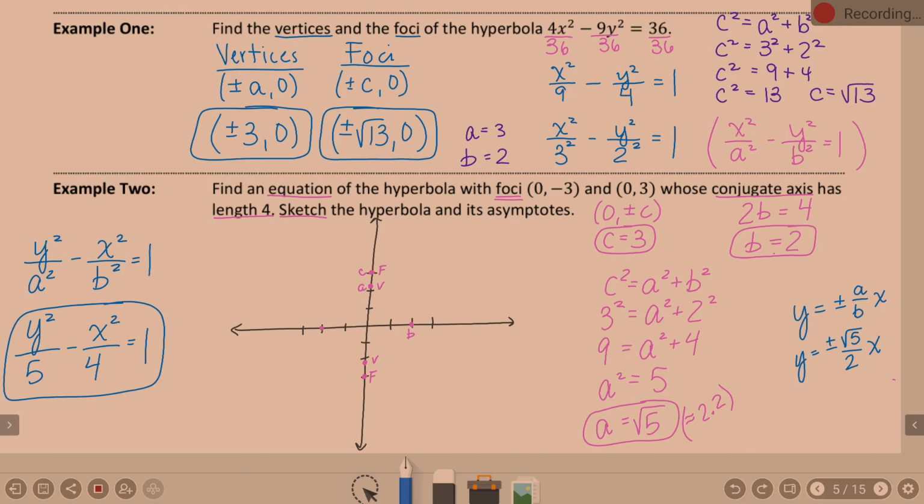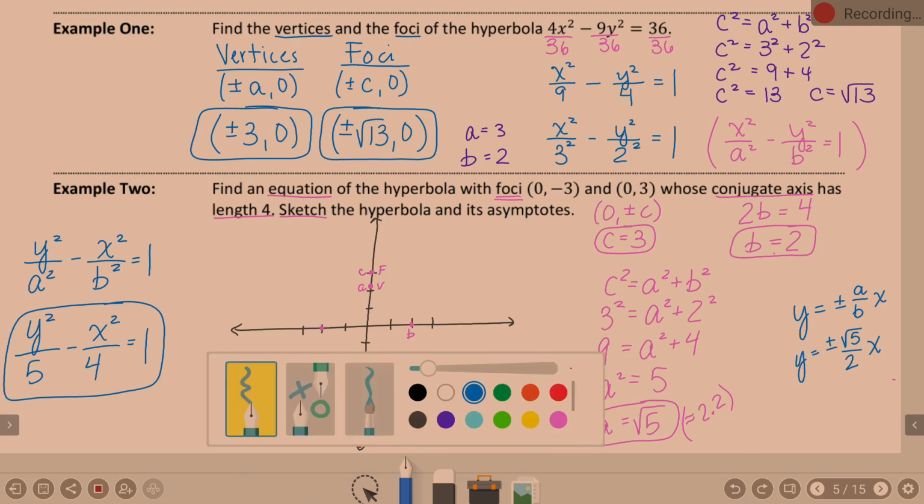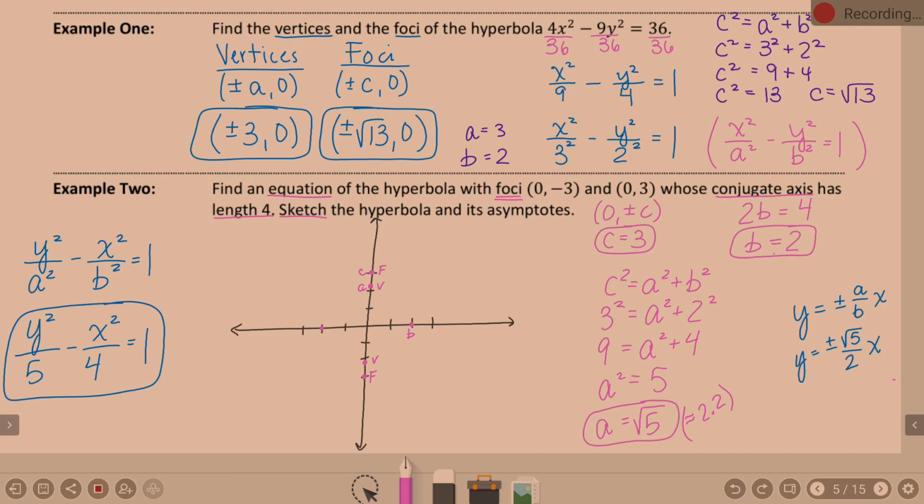Here's the shortcut I use. Go back to your graph. In order to draw my diagonal asymptotes, I start by drawing a box. My box goes through my A points and my B points.